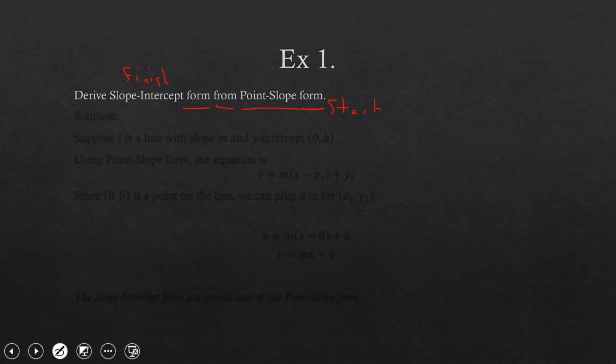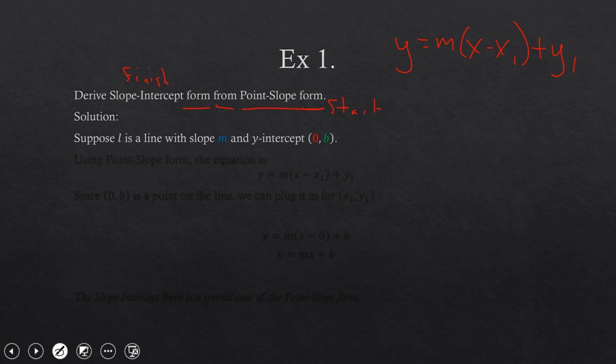So point-slope form looks something like y equals m(x minus x1) plus y1. And what do we know? Okay, so we're going to start off with a line with some slope and a particular y-intercept.